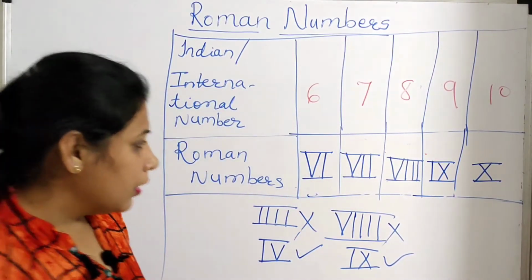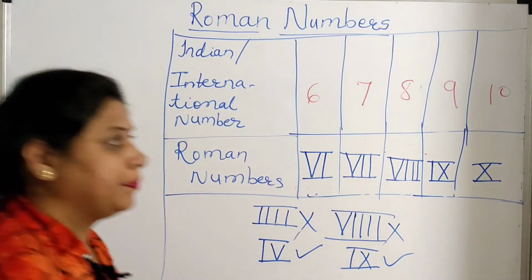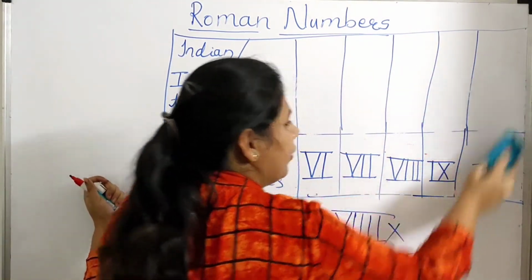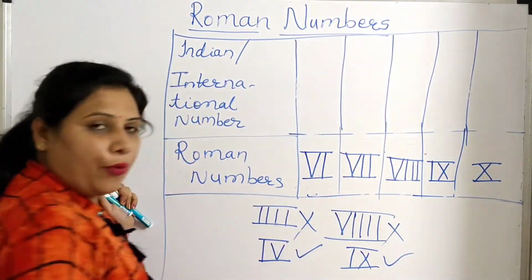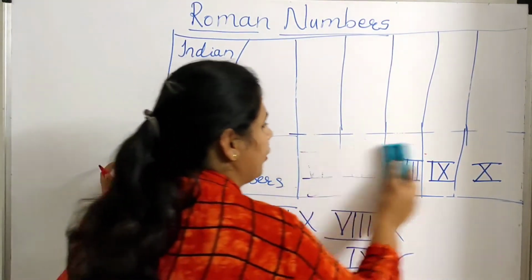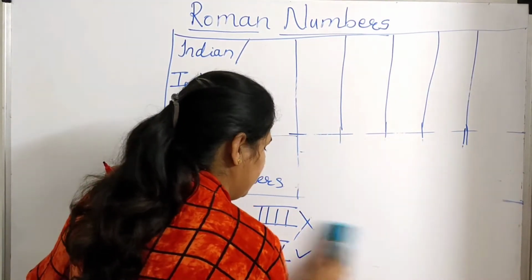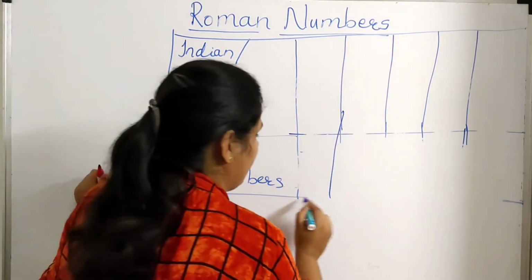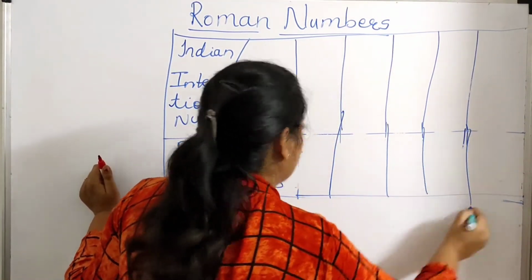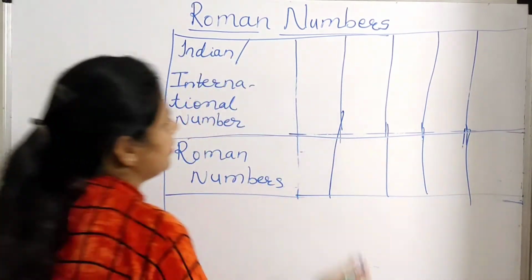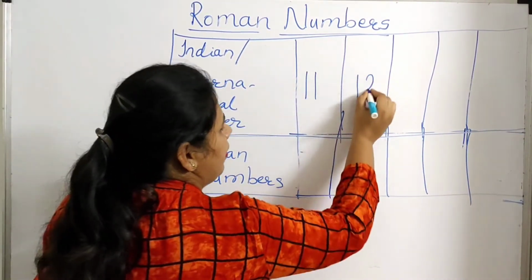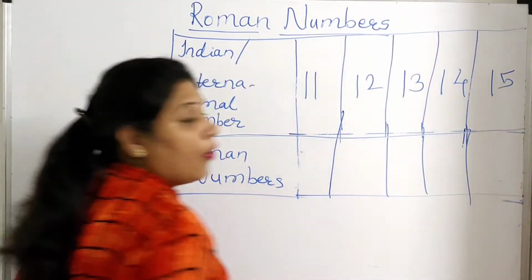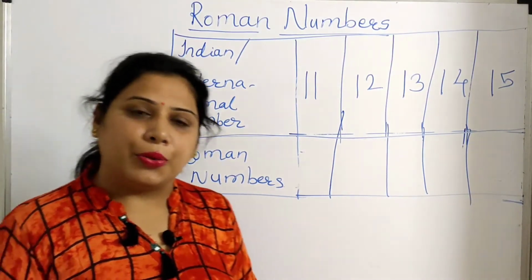Okay, now the next numbers. Now we know for 10 we are writing X and for 5 we are writing V. So what about the next? In the simple numbers, or Indian numbers, international numbers, this is 11, this is number 12, this is 13, this is 14 and this is 15. Now how do we write into the Roman numbers?